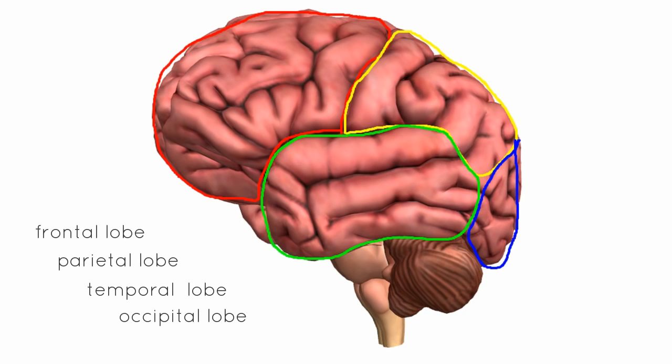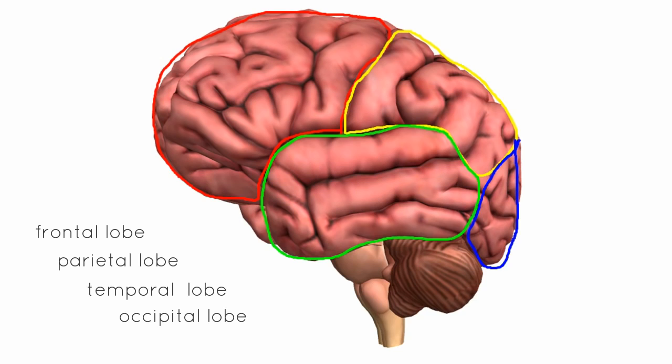So this is quite a rough illustration of the four lobes, but I wanted to show you how the central sulcus and the lateral sulcus are important in defining these different areas. So anterior to the central sulcus you've got the frontal lobe, posterior to it you've got the parietal lobe, and then you've got the lateral sulcus, inferior to which you've got the temporal lobe. So the frontal lobe is important in decision making, problem solving and planning.